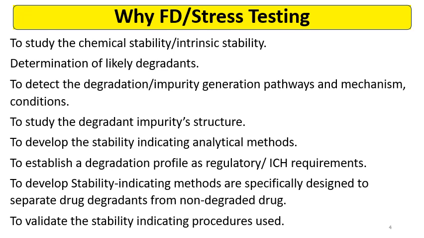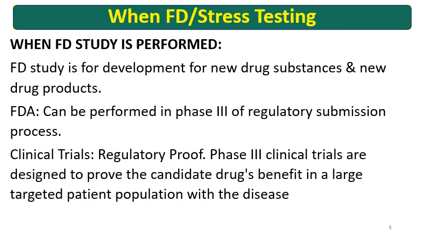The generally known terminology is stability indicating method or stability indicating assay method. These methods are developed, validated and tested by doing the FD studies. These methods are required to be stability indicating, and that justification can be given on the basis of the outcome of the FD studies.